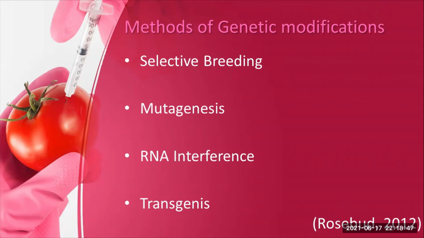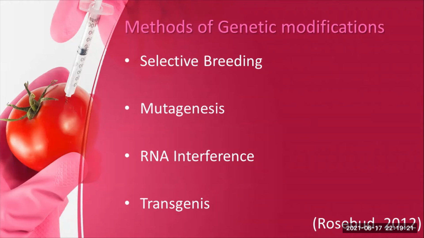Mutagenesis is the exposure of plant seeds to various chemicals and radiation, and whichever one produces a favorable characteristic, we then take that and carry out selective breeding on it. RNA interference is what I've just explained with the Flavr Savr tomato, where individual genes in an organism are rendered inactive, producing an organism with favorable characteristics that we want.